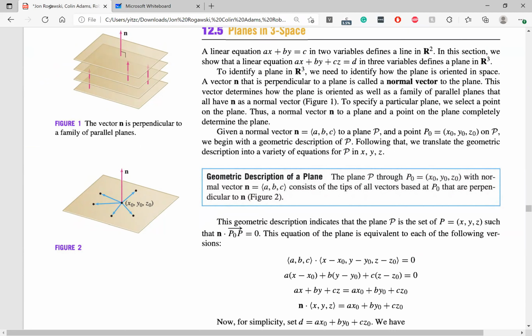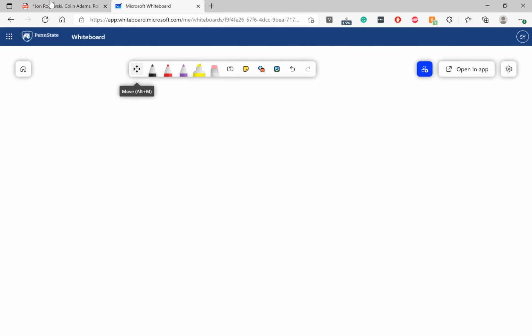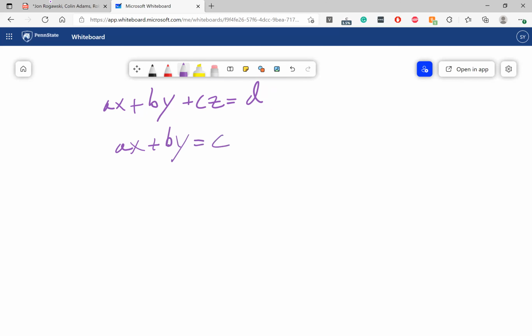So a plane we will see is going to be characterized by an equation that looks something like this: ax plus by plus cz is equal to d. So this is kind of similar to lines. For lines, we had something like ax plus by is equal to c, right?